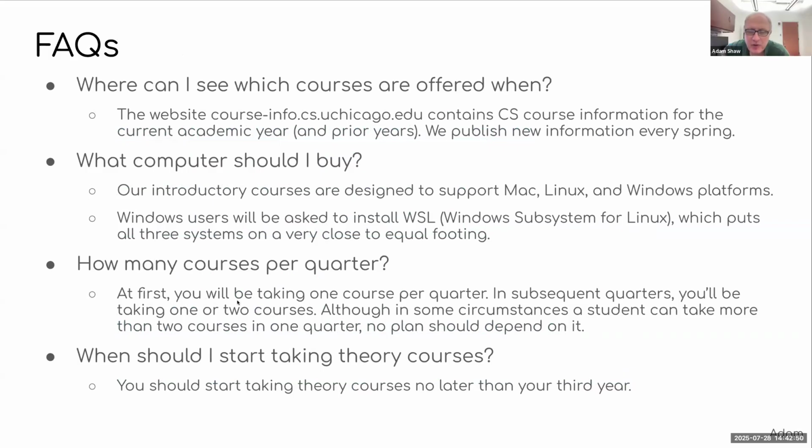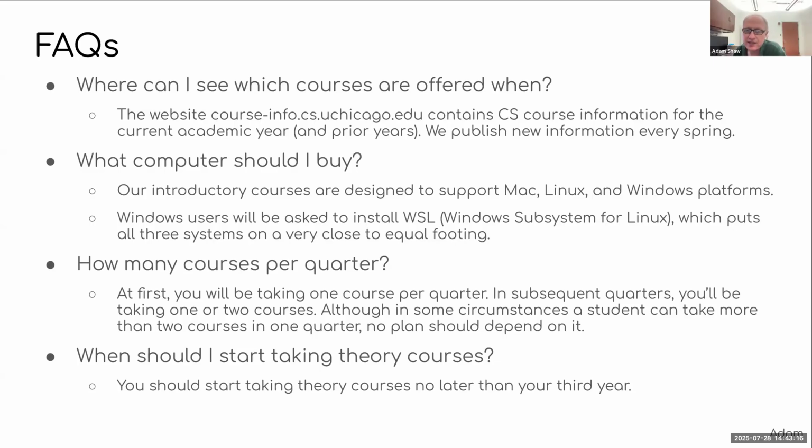This slide is for me, some frequently asked questions based on what people ask me as the major advisor and what they ask the different panelists. Where can I see which courses are offered when? Well, look at courseinfo.cs.uchicago.edu. That is a website that I designed and mostly built with some help from others.